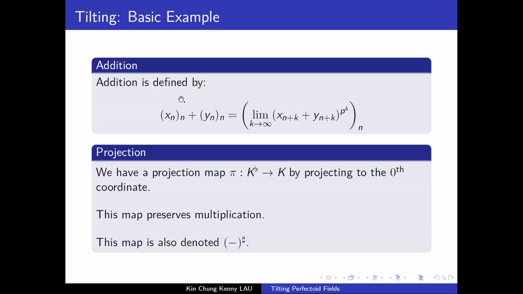So k and k flat are what Scholze called perfectoid fields, because of some assumptions on the norm and some other assumptions on the field.